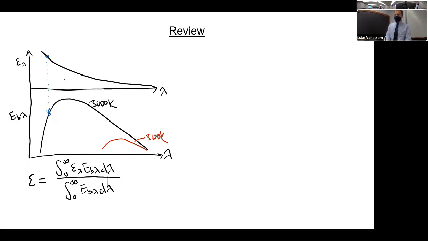So what I see here, when I look at this, the spectral emissivity is a larger number when the spectral emissive power function is large at high temperatures. But over here, when the temperature is only 300 Kelvin, the spectral emissive power is a lot smaller. So at 300 Kelvin, the total emissive power is going to be much closer to the value of where the purple dots line up, because that's where the thing is non-zero.